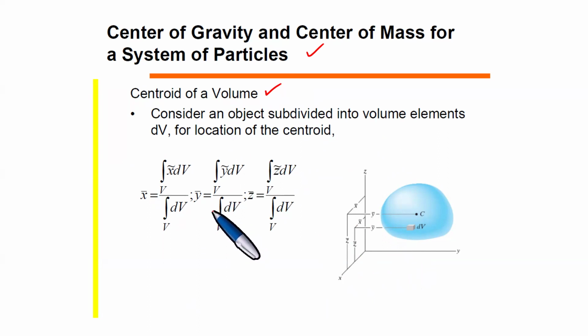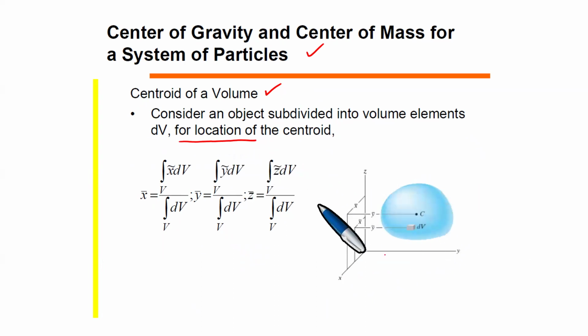You need to be able to find it, and hence the theorems we're going to discuss, the theorems by Pappus. For example, first, consider an object subdivided into volume elements, dV, for location of the centroid.